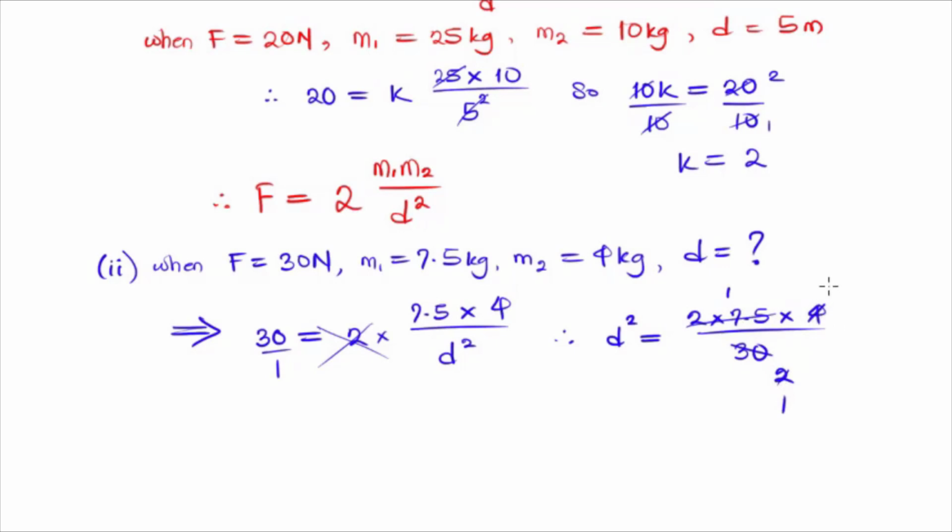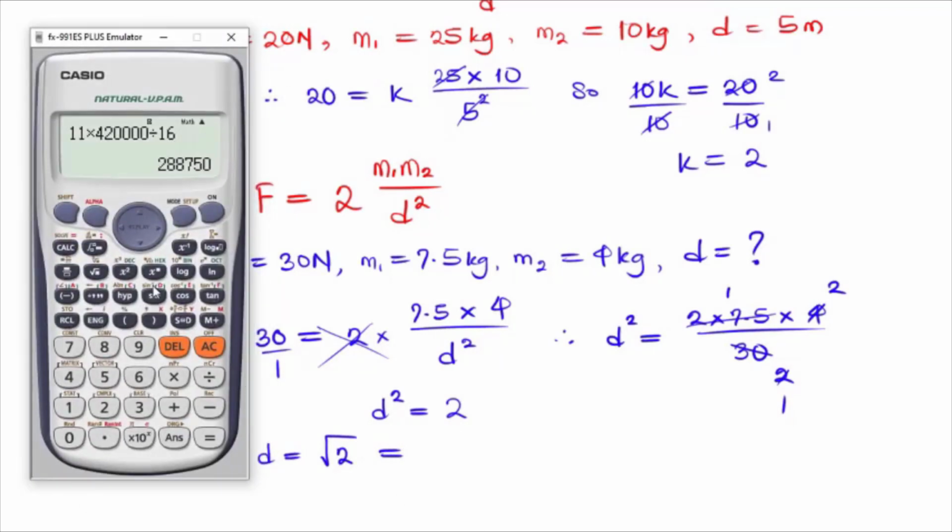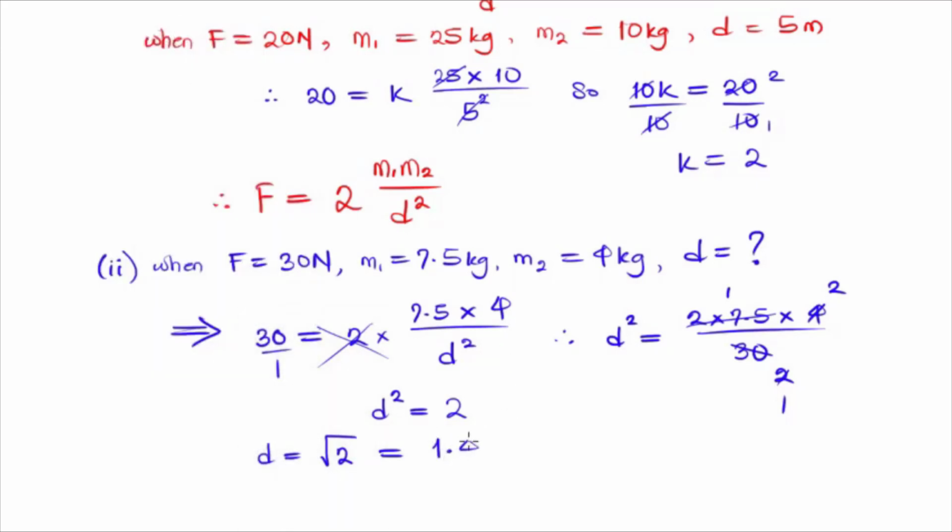That means d raised to power 2 is equal to 2, so d will be the square root of 2, which is 1.414, or 1.4142 meters. All right, that's the solution to our problem.